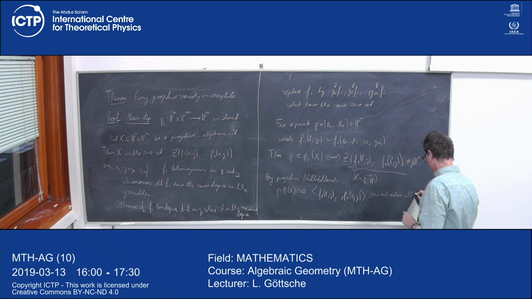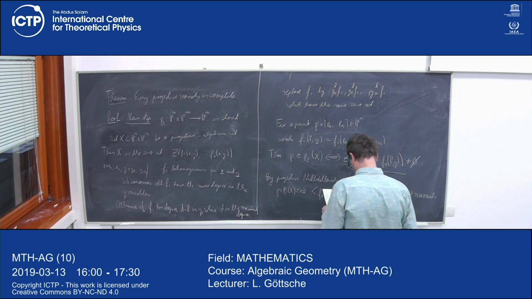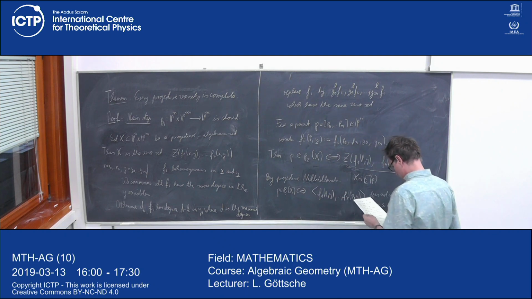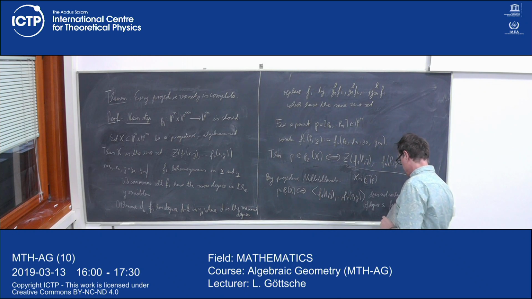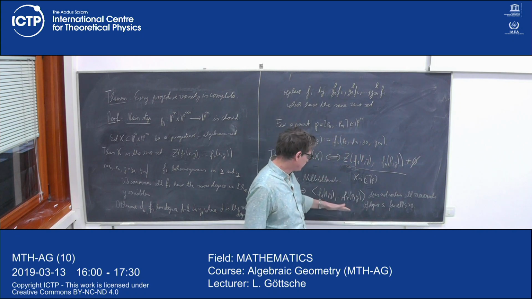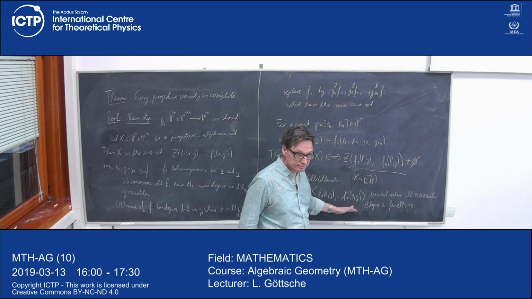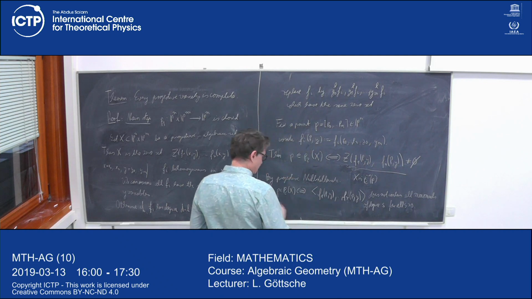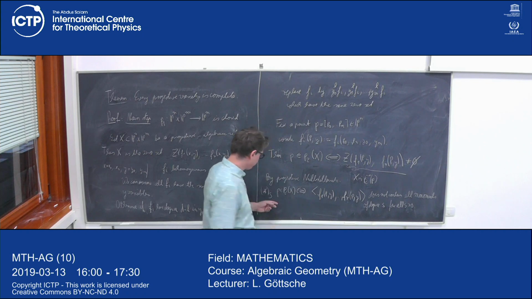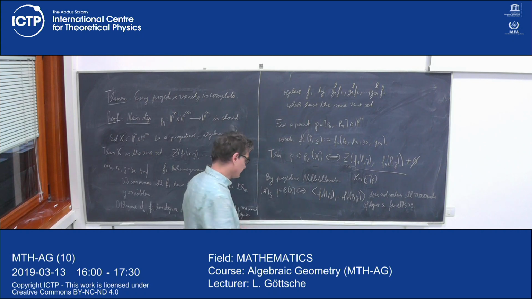all monomials of degree s for all s bigger than 0. So for all s bigger than 0, this does not contain all polynomials of degree s. So I call star s the condition for one fixed s.